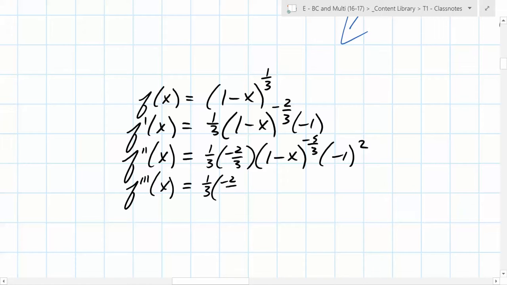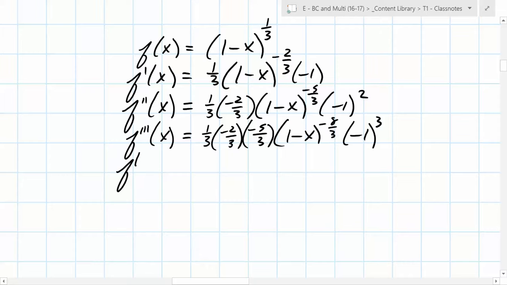1/3. I'm not simplifying anything. Times 1 minus x to the negative 8/3, times negative 1 to the 3rd. Why am I not simplifying? Just to keep the pattern going and not to make simple mistakes. I'll simplify at the end.